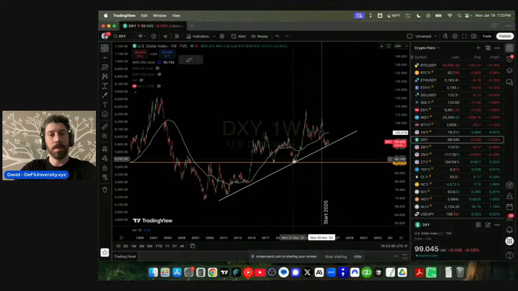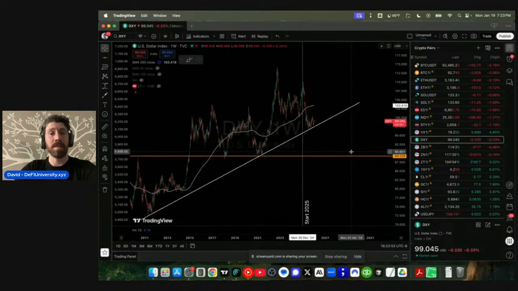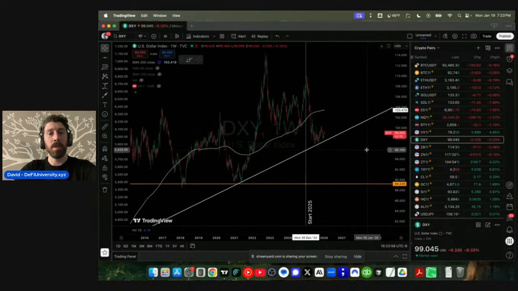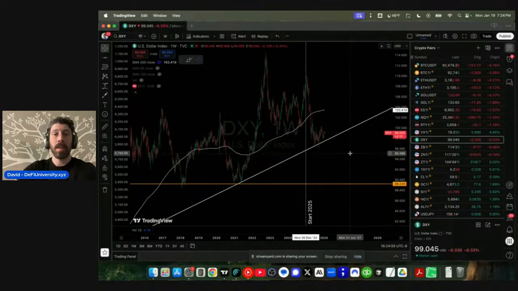So we had some support here again in 2021, and over the last year or so, we've been testing support. This is long-term and significant support. Now, the dollar is trading well below its 200-week moving average, but it's right at long-term support. So if yields push higher, that would likely be bullish for the dollar.